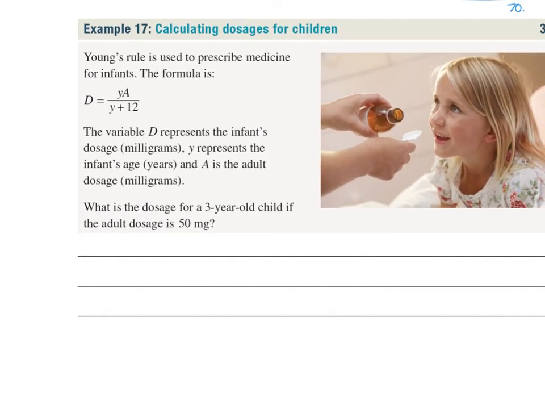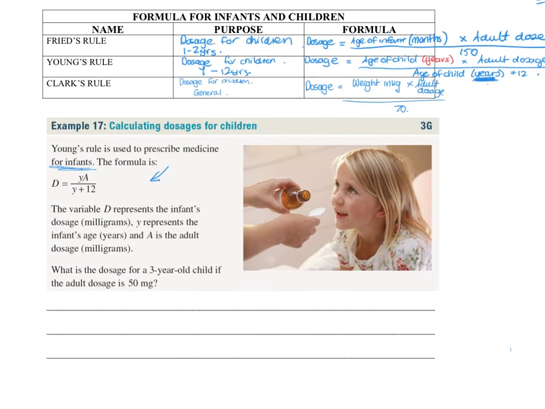All right, Young's rule is used to prescribe medicine for infants. The formula is this one. So let's have a look at that formula. This is Young's rule here. So this is the age of the child, times the adult dosage, and then put the years plus 12. So it's the middle formula.